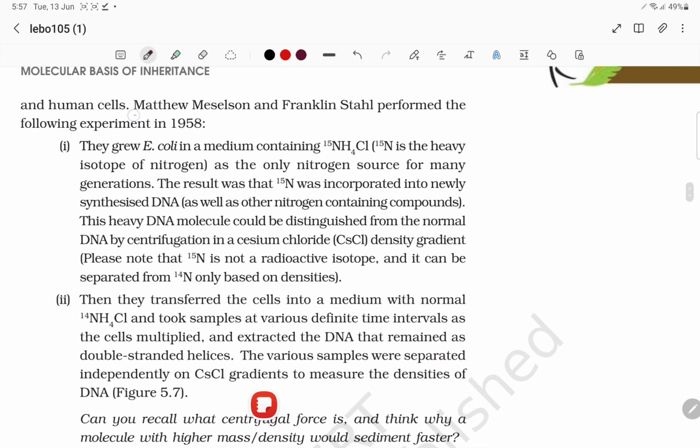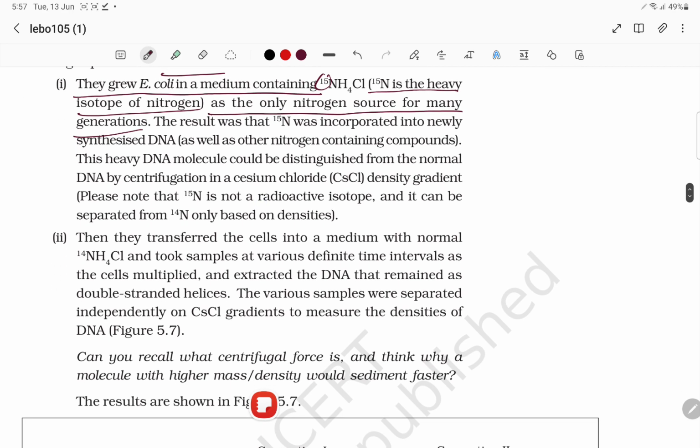Matthew Meselson and Franklin Stahl performed the following experiment in 1958. They grew E. coli in a medium containing 15NH4Cl, so the N15 isotope. Here N15 is the heavy isotope of nitrogen, used as the only nitrogen source for many generations.